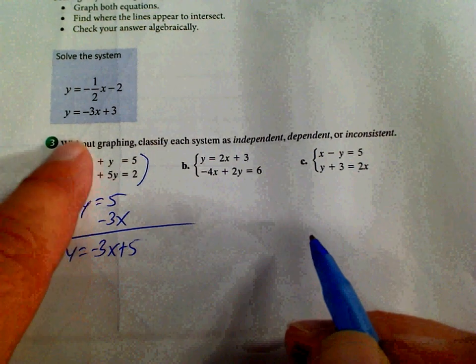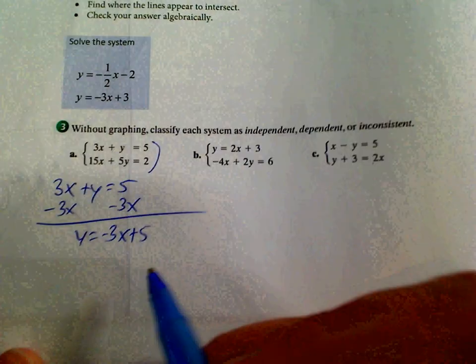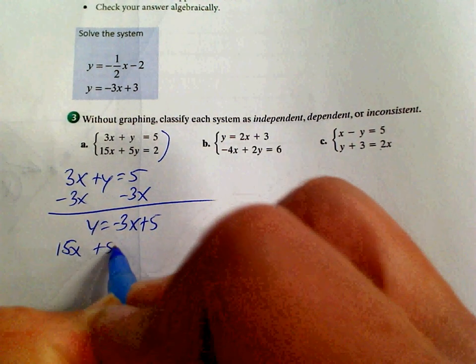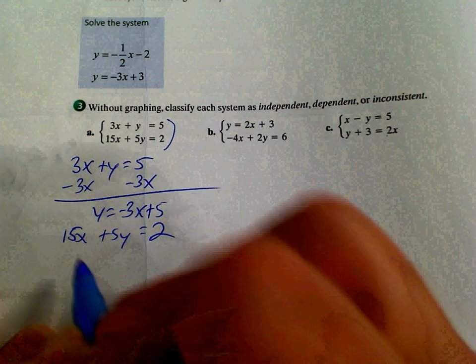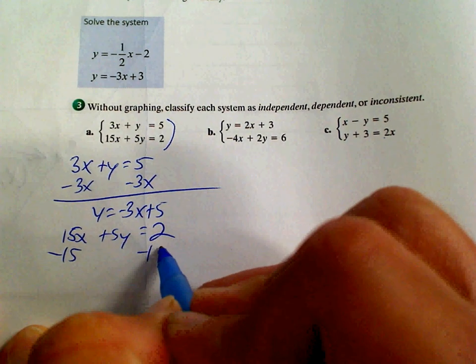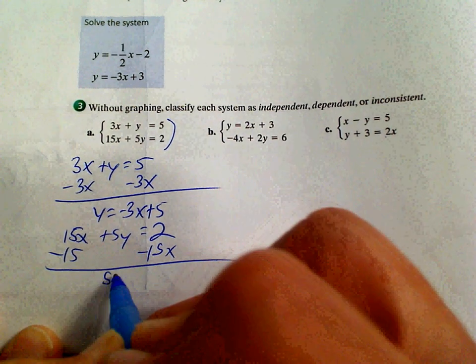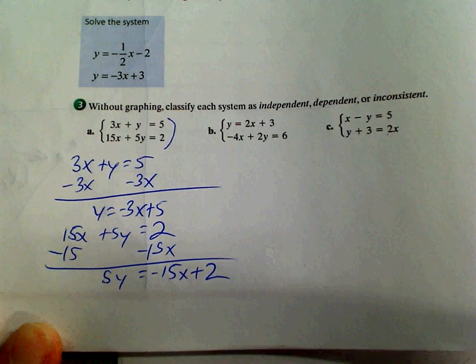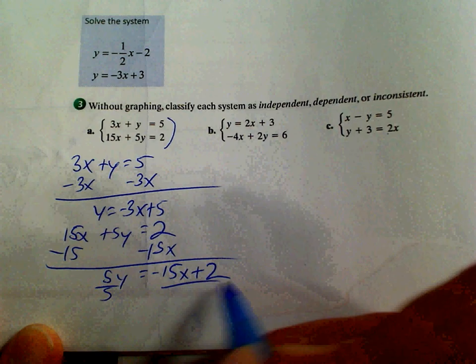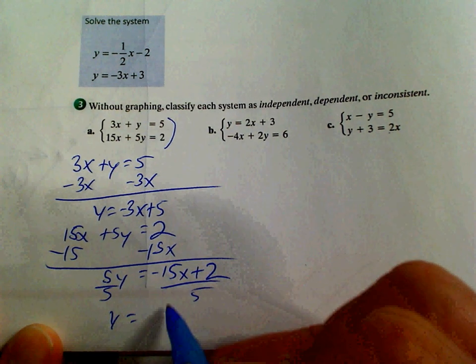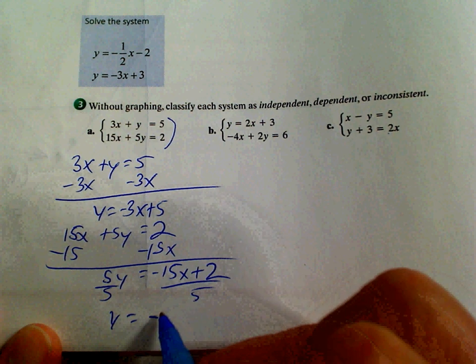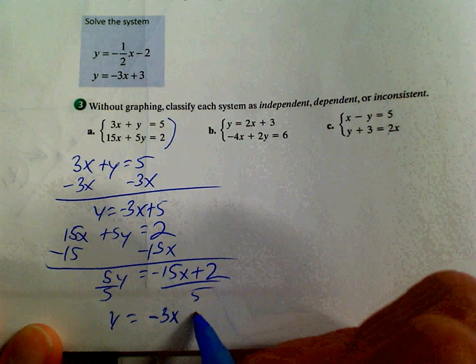That's the top one. The bottom one, 15x plus 5y equals 2. Subtract 15x. 5y equals negative 15x plus 2. Putting it in slope-intercept form, divide by 5. Y would equal, we simplify this side, where the slope is negative 15 over 5. That is negative 3x plus 2/5.